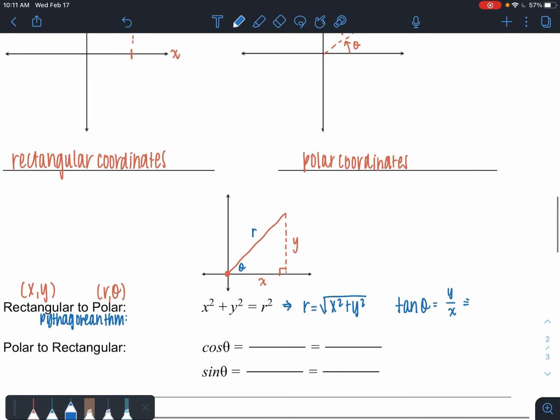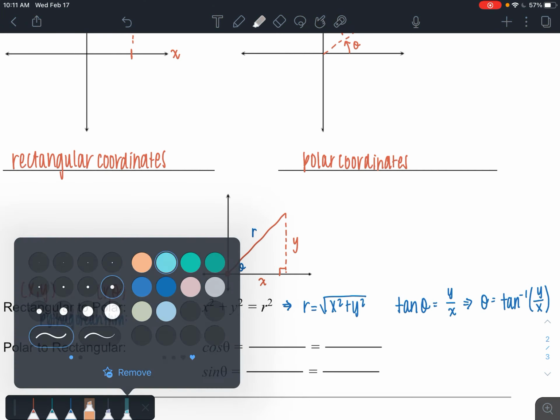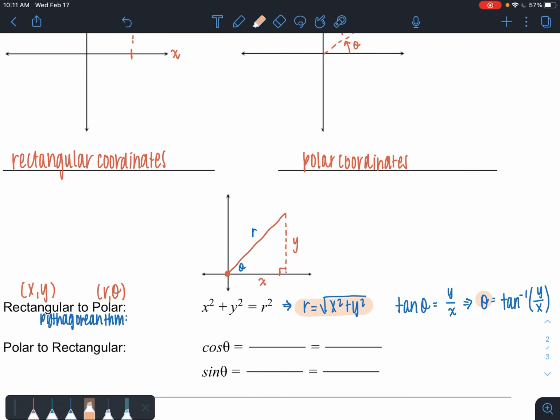So theta is equal to the inverse tangent of y over x. We need this equation here and this equation here.